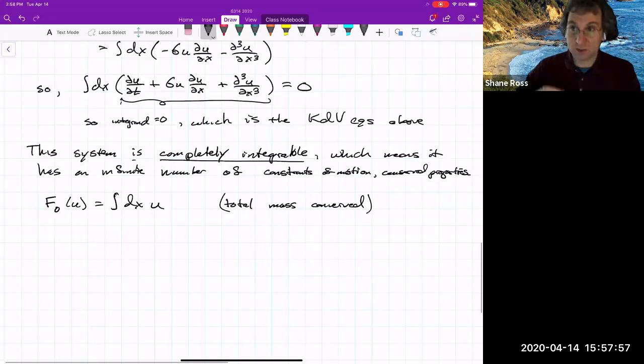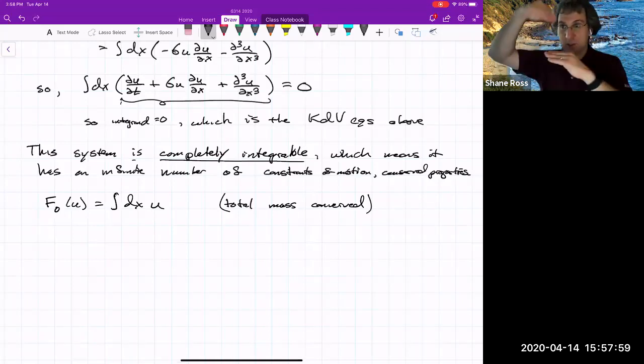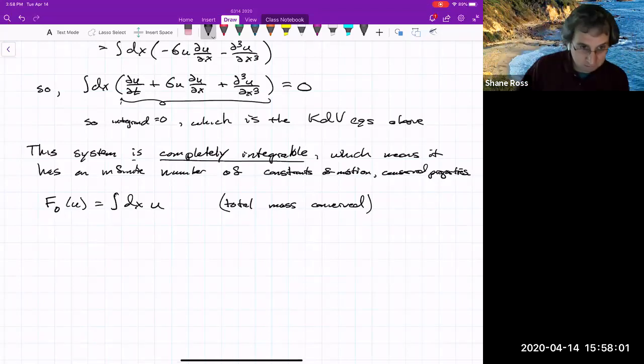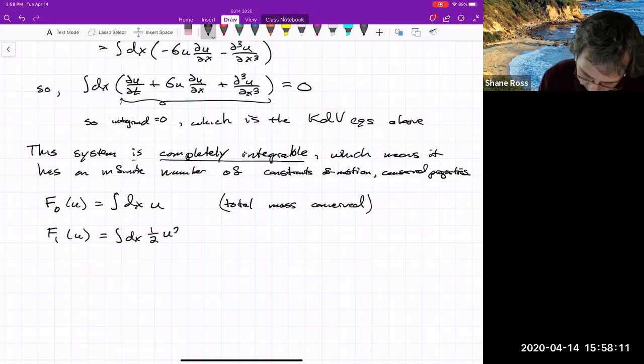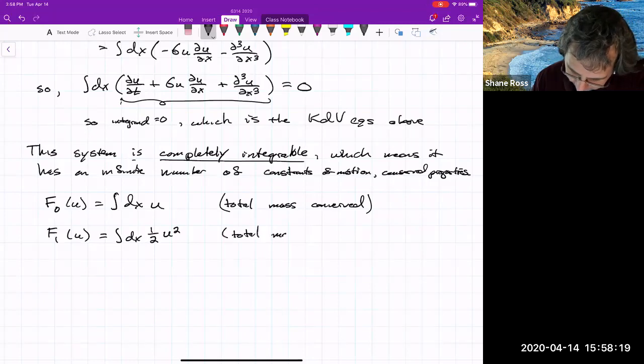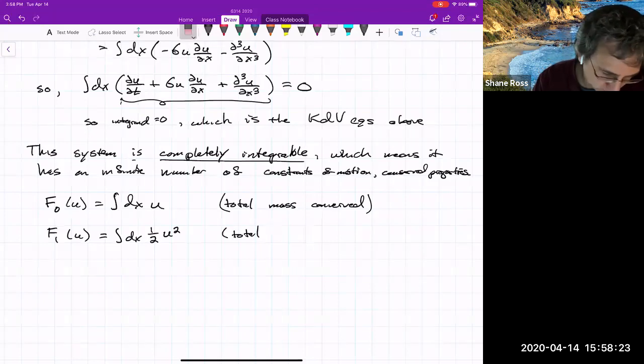If you think of it, it's like there's just as much mass above that equilibrium line as below. The next one is 1/2 u squared, which, this isn't total mass, this is the total energy.